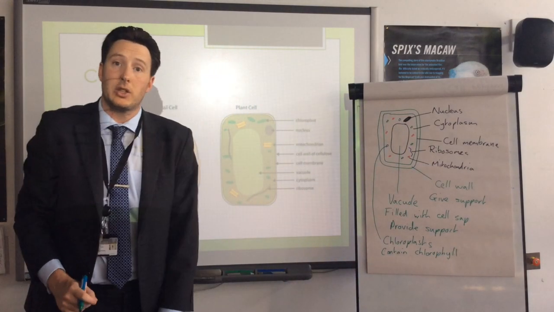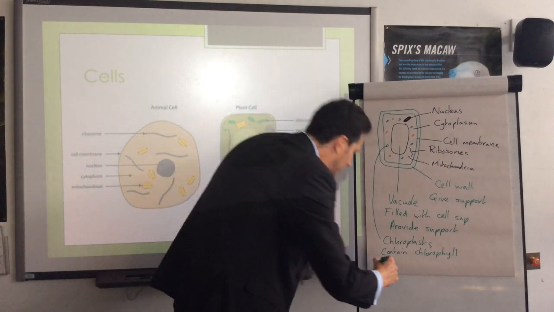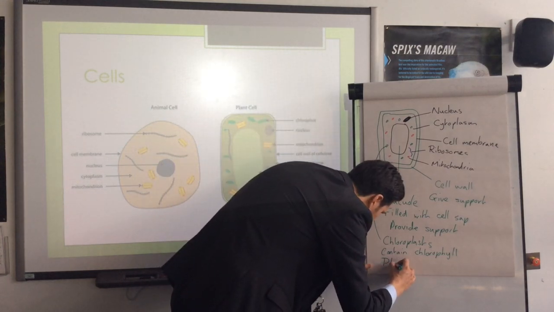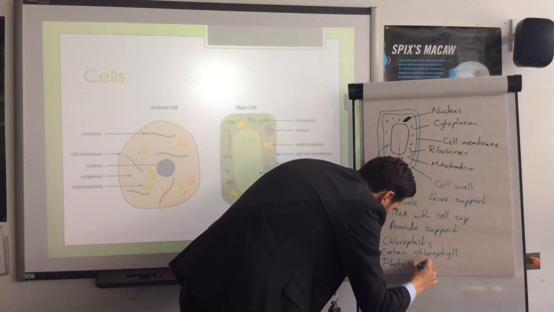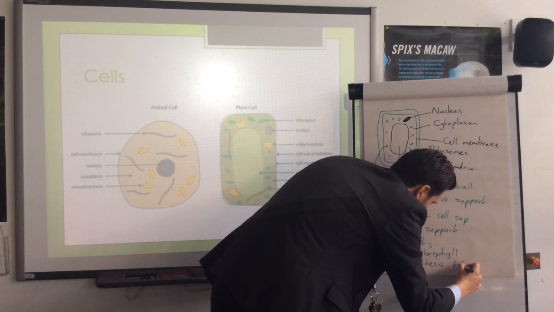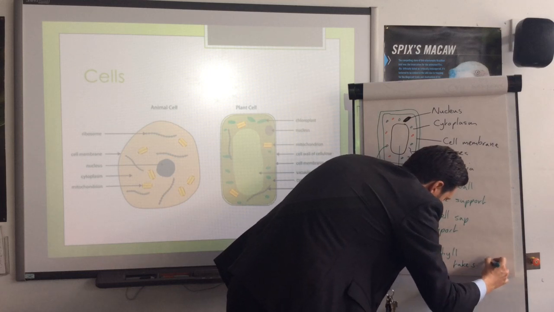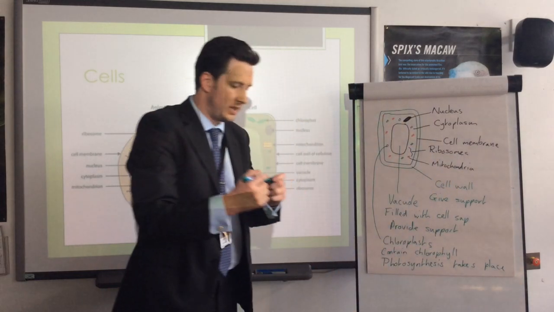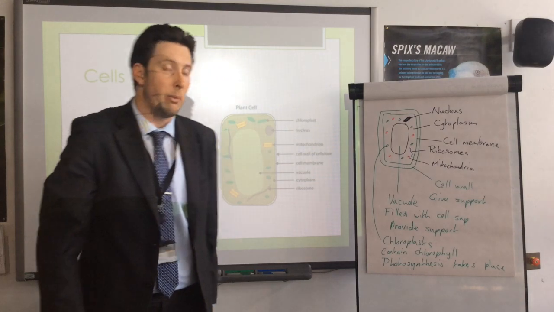And that is the site of photosynthesis. That's where photosynthesis happens. Okay, so photosynthesis takes place in those chloroplasts.